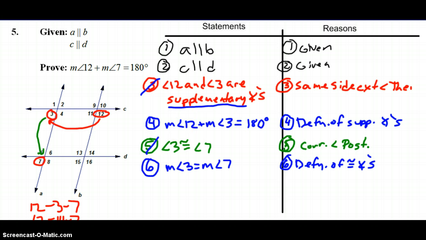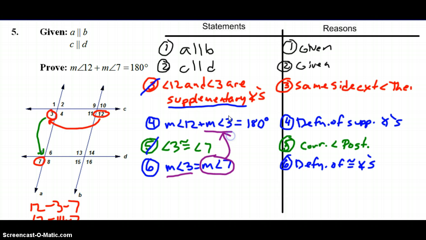Going back to the key question we've had in class, is anything the same? In statements 4 and 6, I have the measure of angle 3, and I see that the measure of angle 3 is equal to the measure of angle 7.